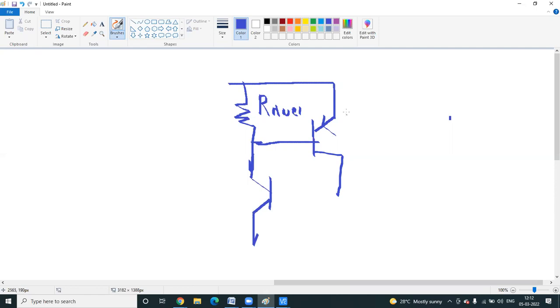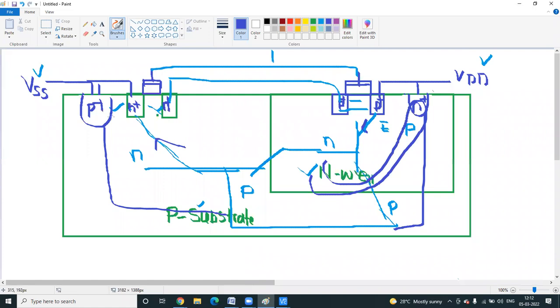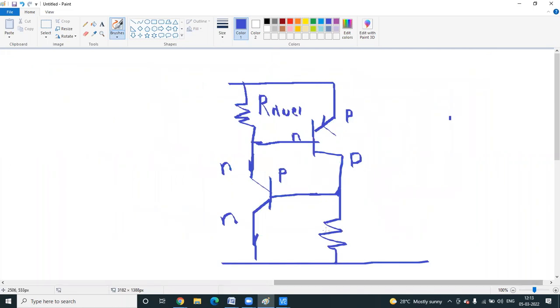Second path: this resistor, the PNP, the NPN. The other two paths are connected to VSS. This one is connected to VSS, and this one to VSS. Here I am taking RP substrate, the substrate resistance. Lightly doped means the resistance will be very high.